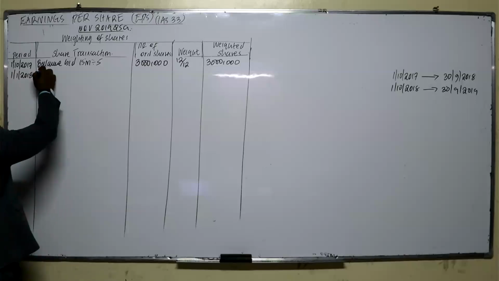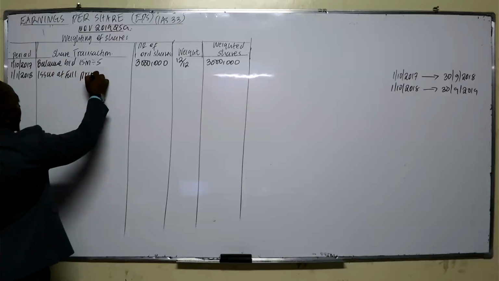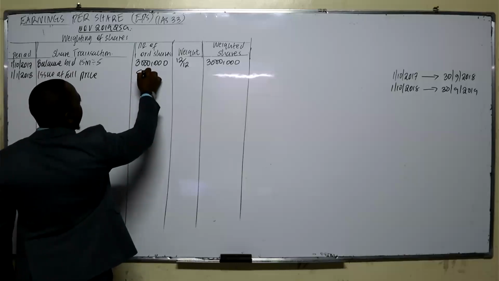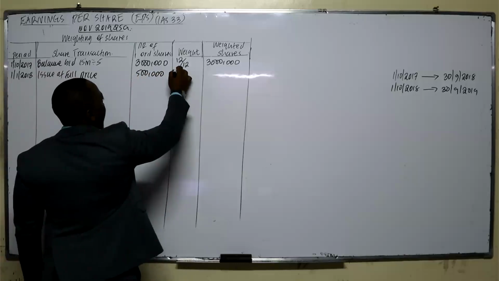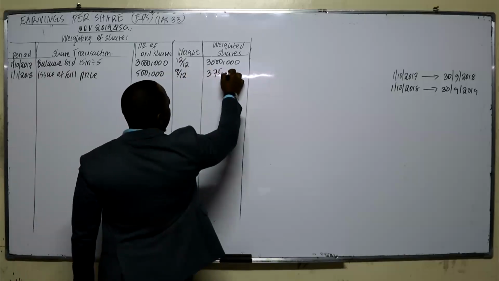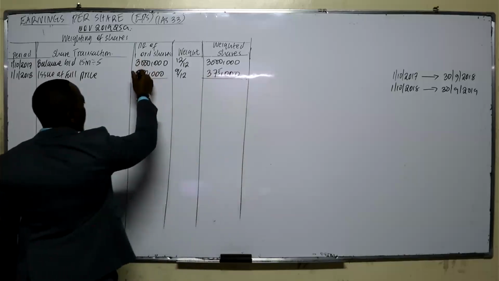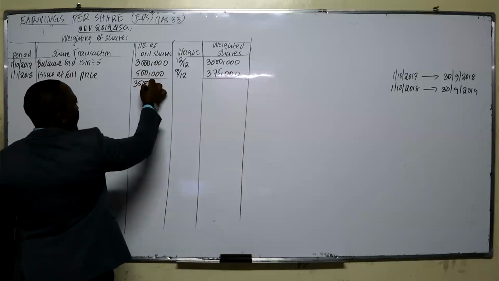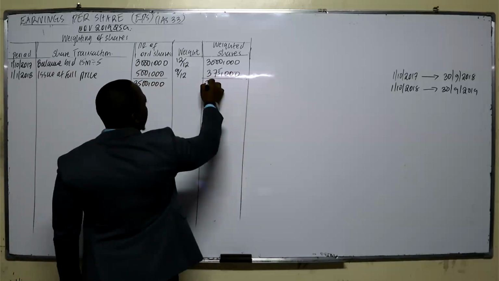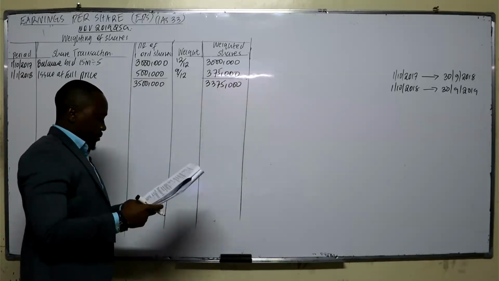There was an issue at full price, and the company issued 500,000 shares, 9 over 12, that's 75%. You get 375,000. And then after every share transaction, you sum up: 3.5 million issued shares, and 3.375 million weighted shares.